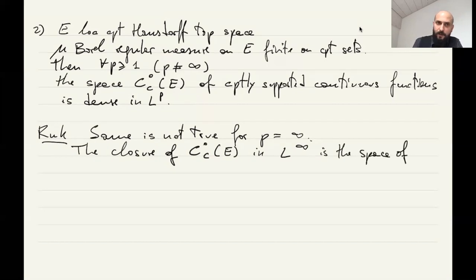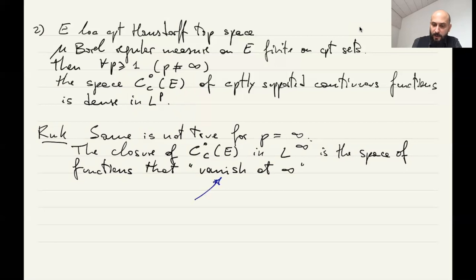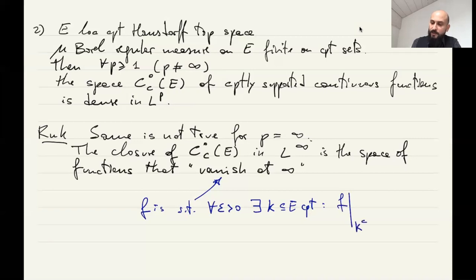of functions that vanish at infinity, which means that f is such that for all epsilon there exists a compact set outside of which, if we consider the function on the complement, the absolute value of this function is less than epsilon.